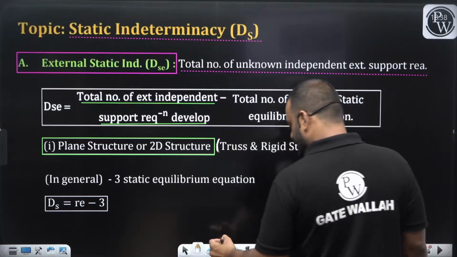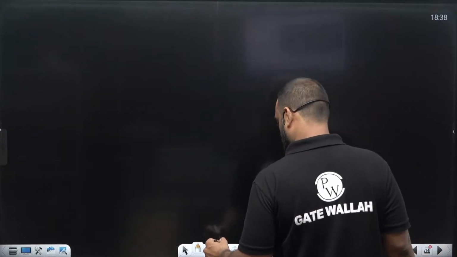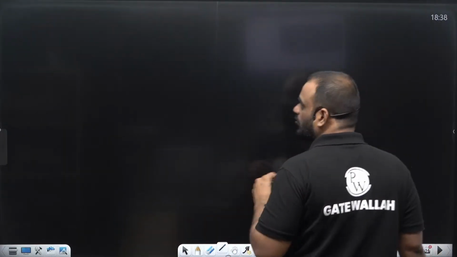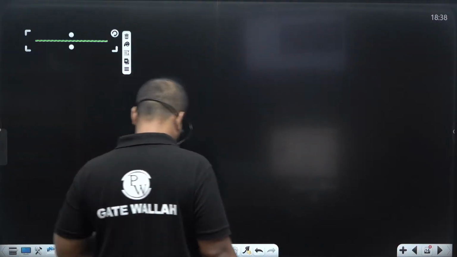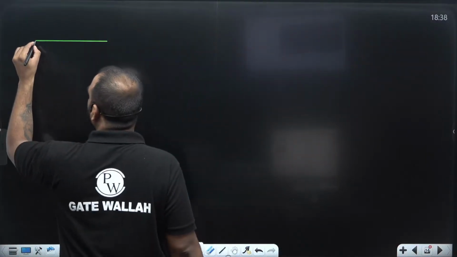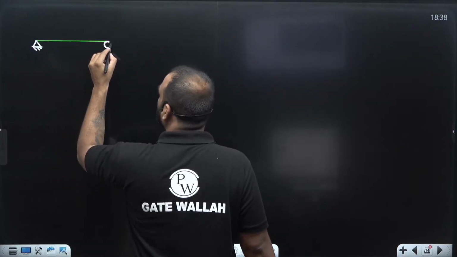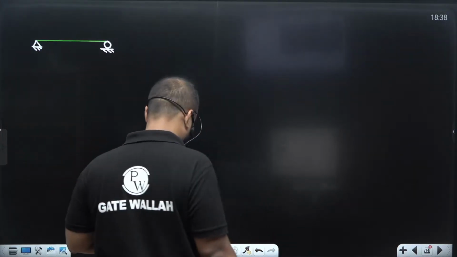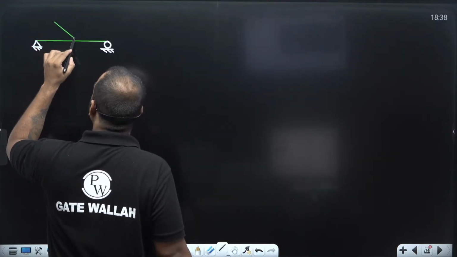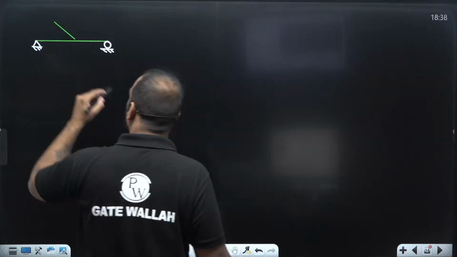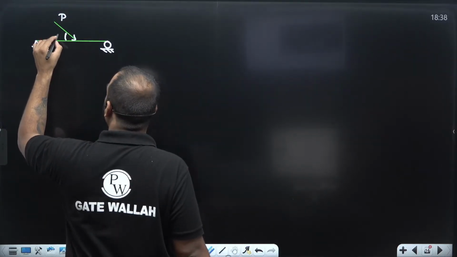Let us take a very simple example. Guys, I hope you remember the different types of support in detail. Let us consider this is a hinge support and this one is a roller support. My first question: let us suppose a loading is given like this, whose value is P, and this angle is theta.